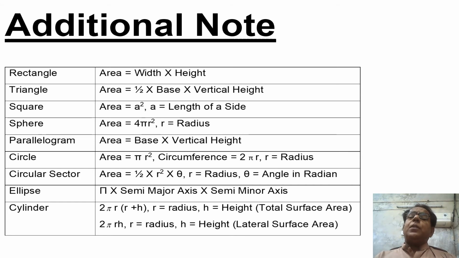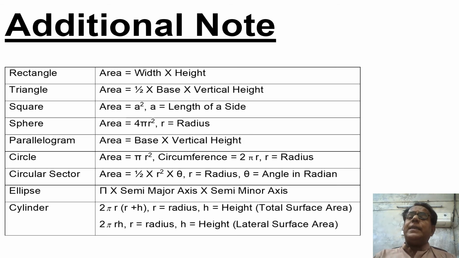Area of a parallelogram is equal to base into vertical height. Area of a circle is equal to pi r square, where circumference is equal to 2 pi r and r is equal to radius. Dear students, you can say that area is equal to pi r square.